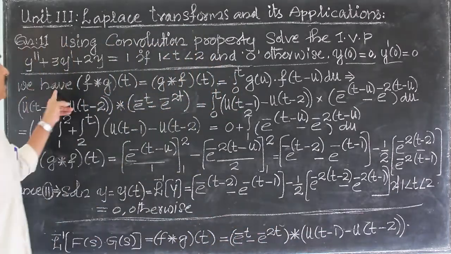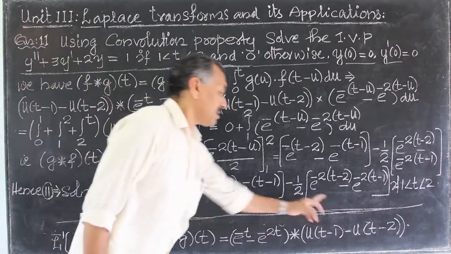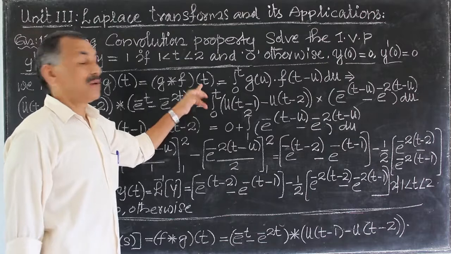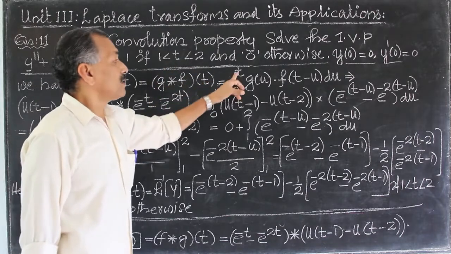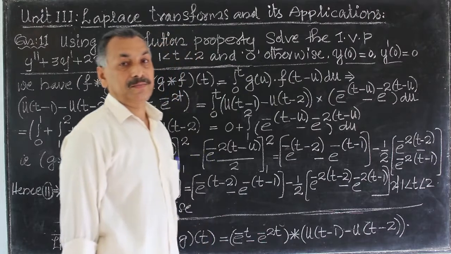Then we have F after G of t is equal to G after F of t. F after G is equal to G after F. What is G after F? It is equal to integral 0 to t G of u into F of t minus u du.